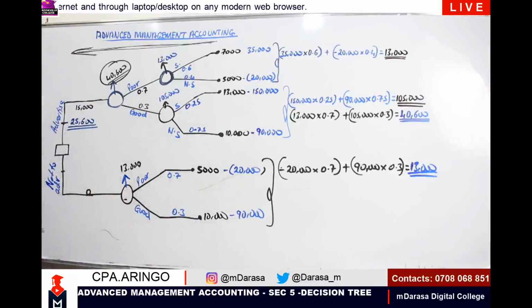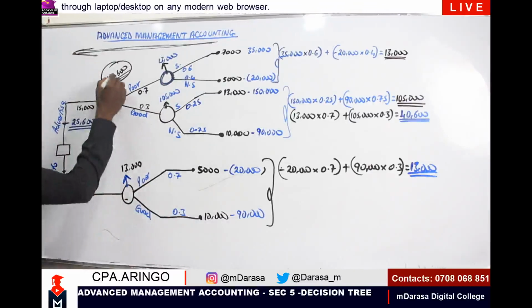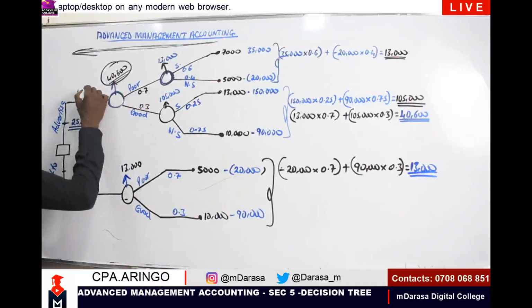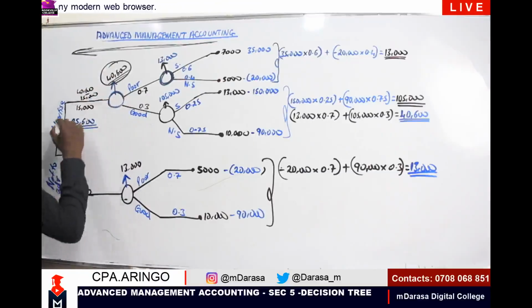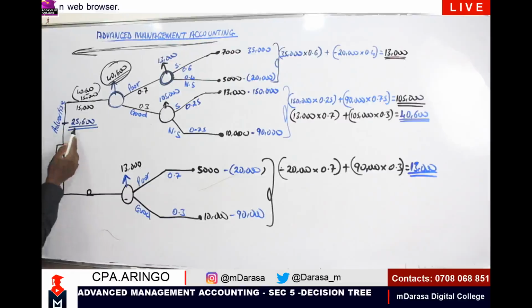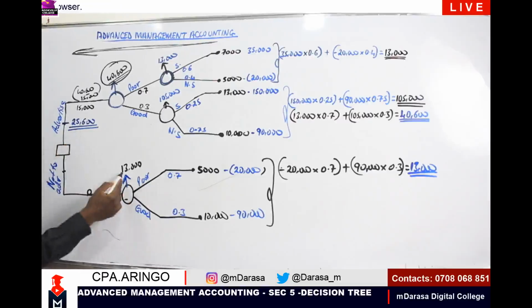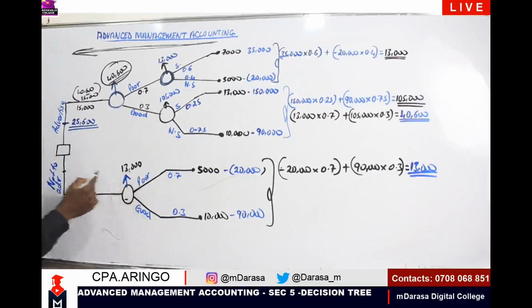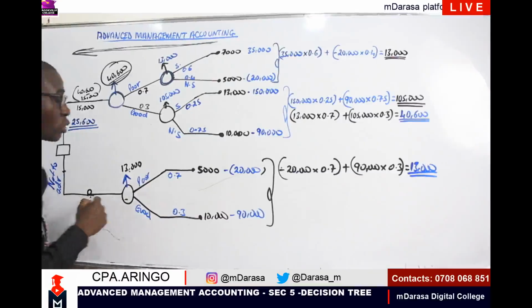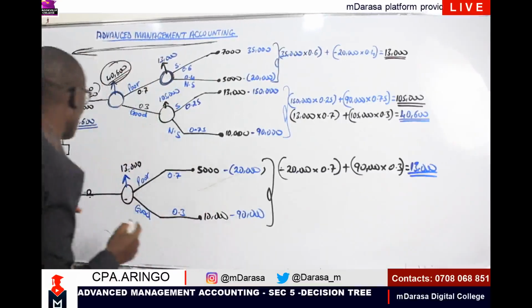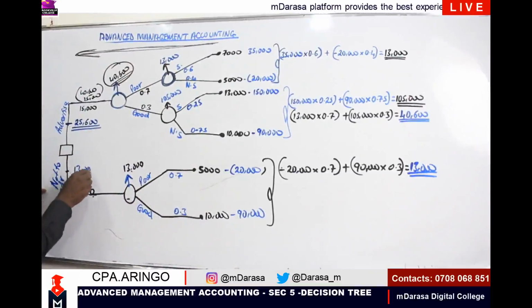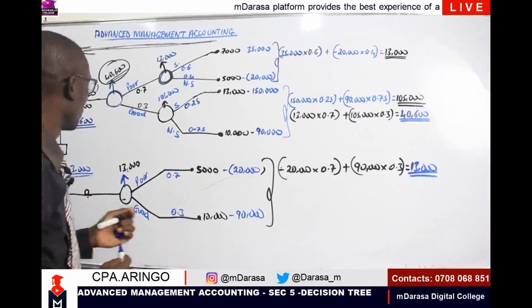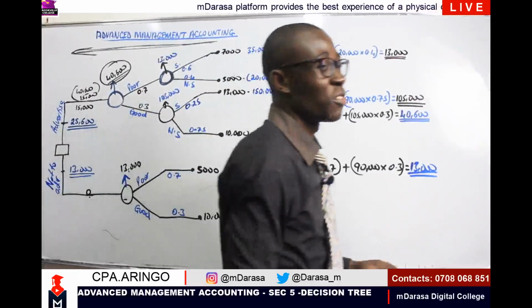Remember here we got 25,600 by taking the expected revenue of 40,600 and deducting the 15,000 that I was incurring. At this point, I'm having 13,000, so my expected revenue will be 13,000.